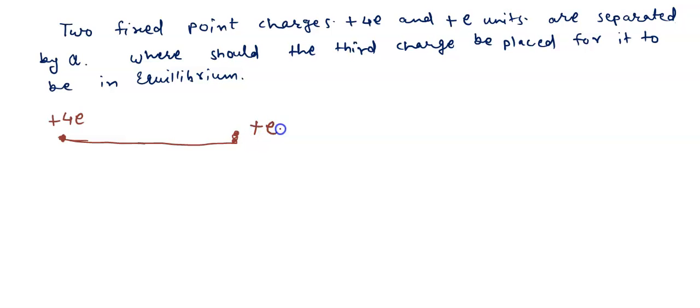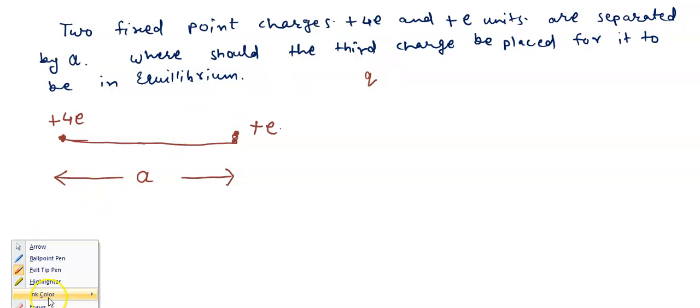Okay, and they are separated by a distance small a. We have to find the distance where this charge Q has to be kept so that it will be in equilibrium. Now you tell me one thing. This charge is plus Q charge.